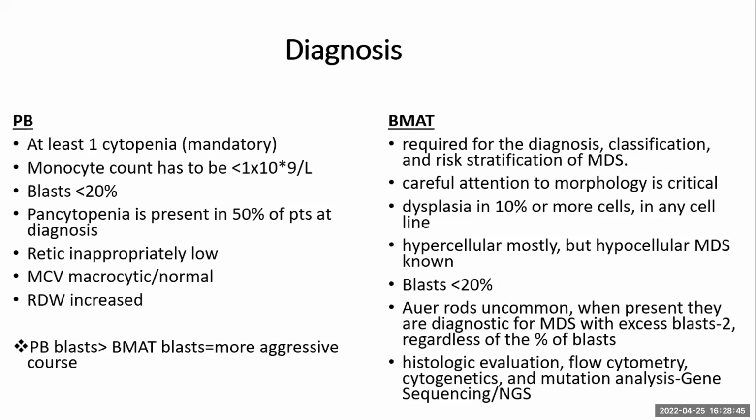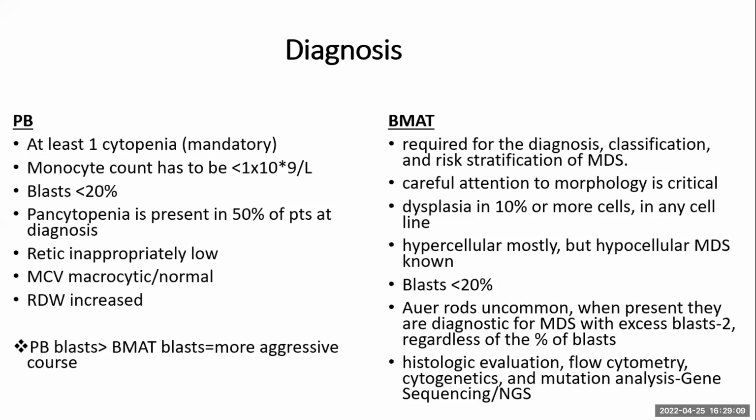And then in terms of the bone marrow appearance, it is required for diagnosis, for classification and risk stratification in MDS. So every patient with suspected MDS needs to have a bone marrow done, and careful attention should be paid to morphology. Dysplasia in at least 10% or more cells in any cell lineage.